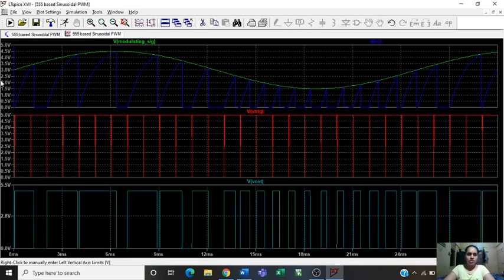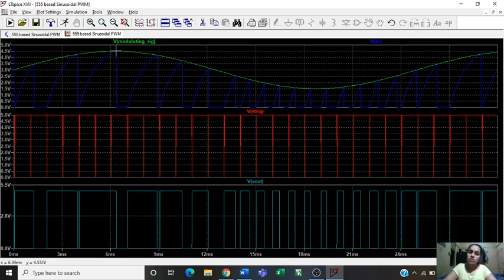If you notice the modulating signal and the output signal, when the modulating signal reaches its positive peak, that is when the width of my output pulses is the most. Similarly, when my modulating signal reaches its negative peak, that is when the width of the output pulses is the least.